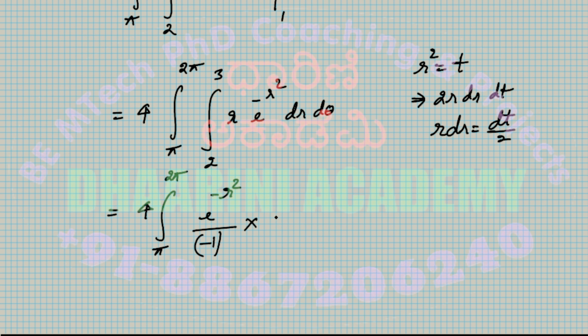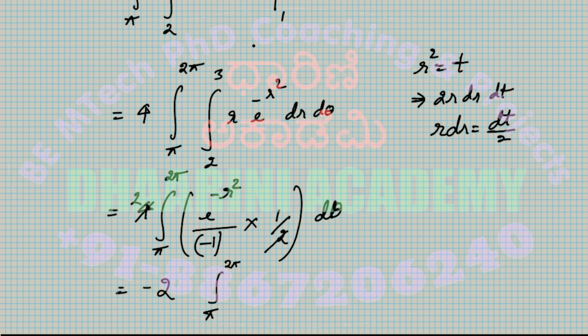I'm going to replace t once again back to r, so only the half comes into the picture. Dt has vanished because I finished the integration. Just d theta. So the 4 cancels with the 2, and I have minus 2 outside. Minus 2 times the integral from pi to 2 pi.